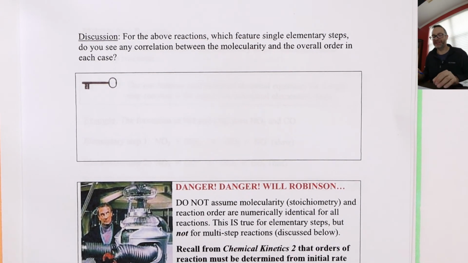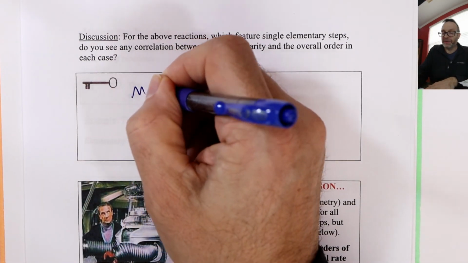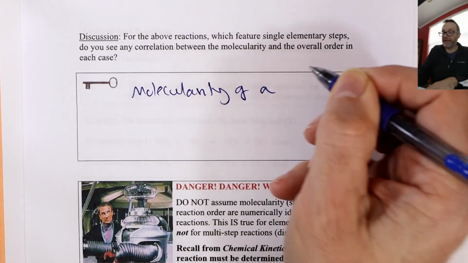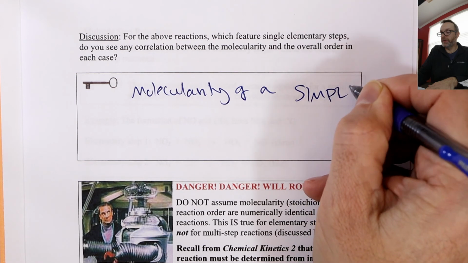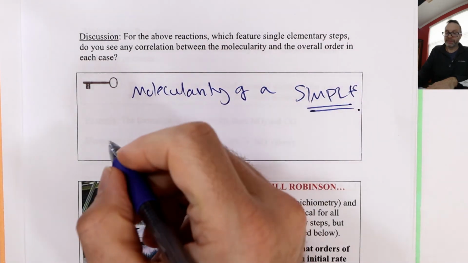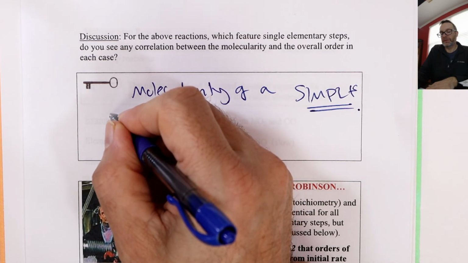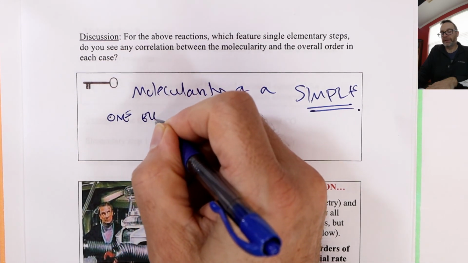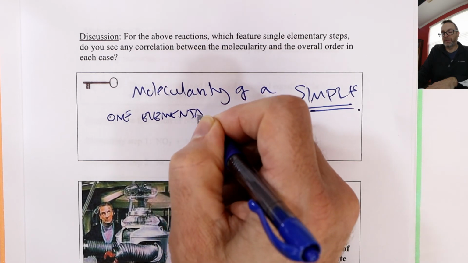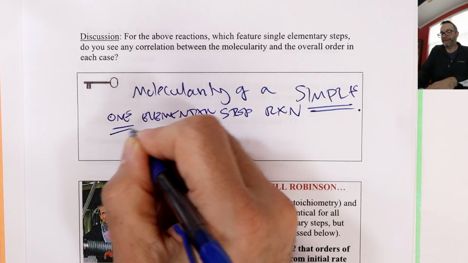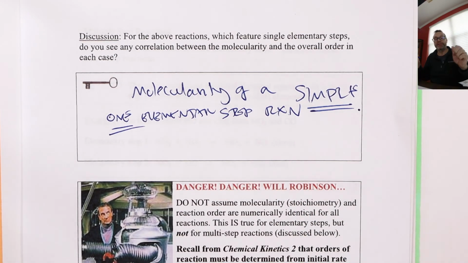What correlation did we just see? Okay, so the molecularity of a simple one elementary step reaction. So if you just have a couple of things bumped together and that's it, it's a single elementary step, right? Three things bumped together, that's it.